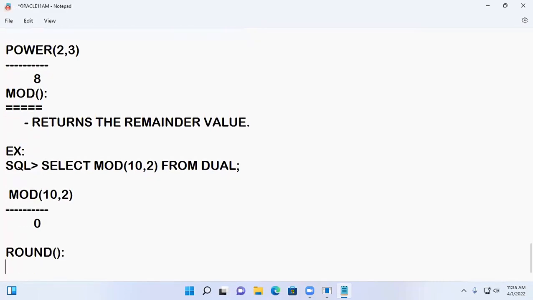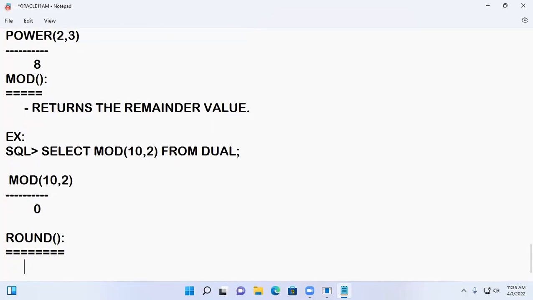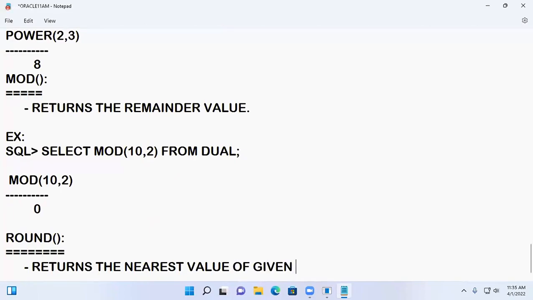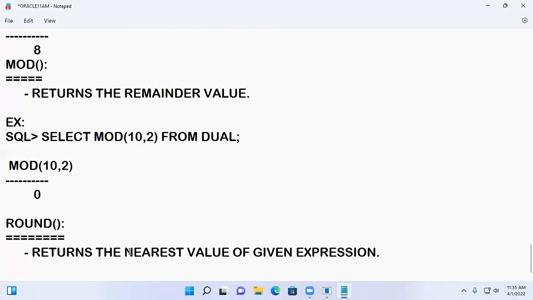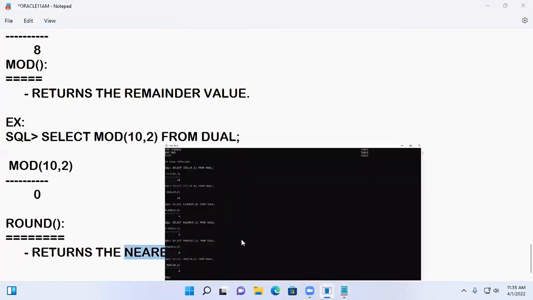ROUND function. It returns the nearest value of the given expression. Carefully observe.